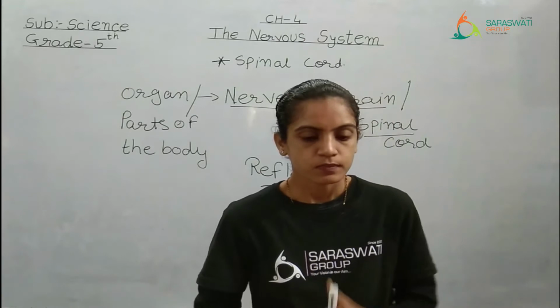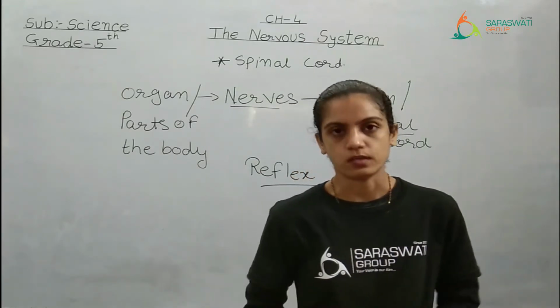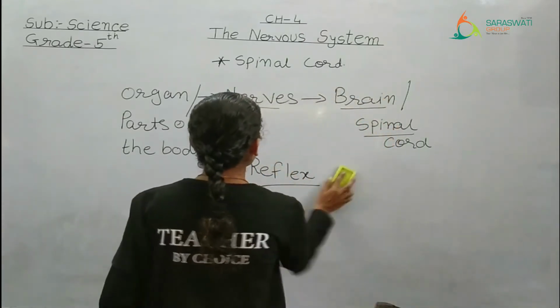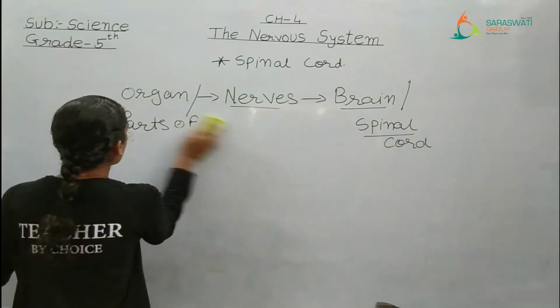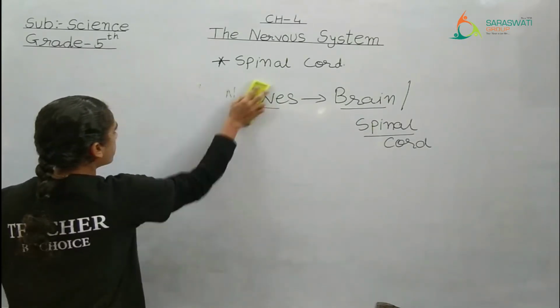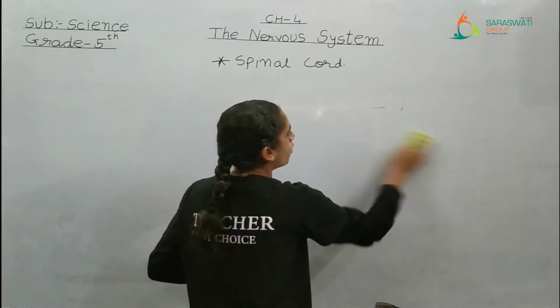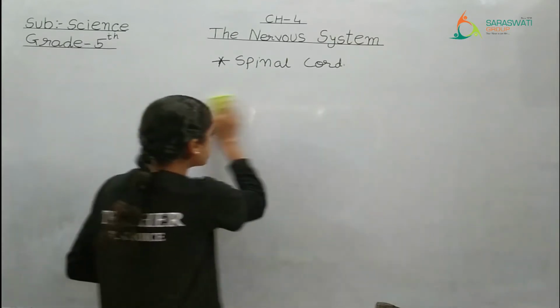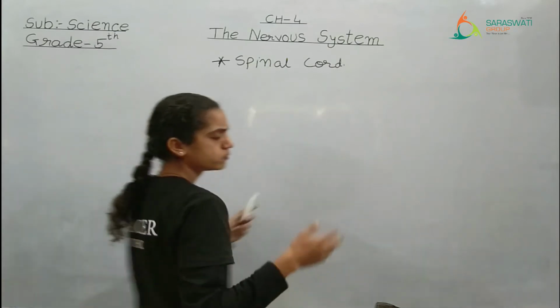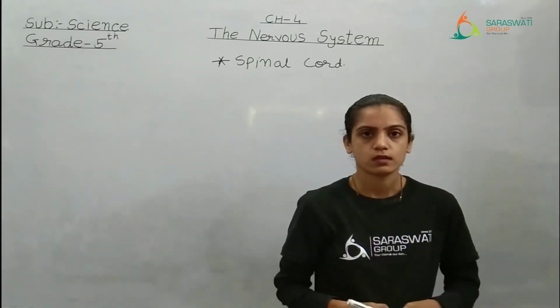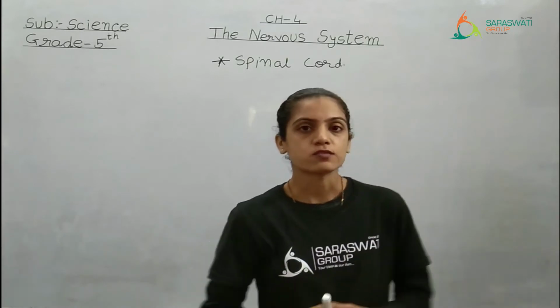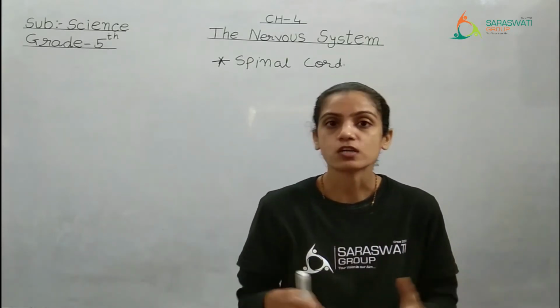Moving further, there are 3 kinds of nerves. Yes, this one is the most important thing. Now we know that nerves are considered as the messenger of the human body. They are passing the messages from organs to the brain. But all these nerves are having different function.